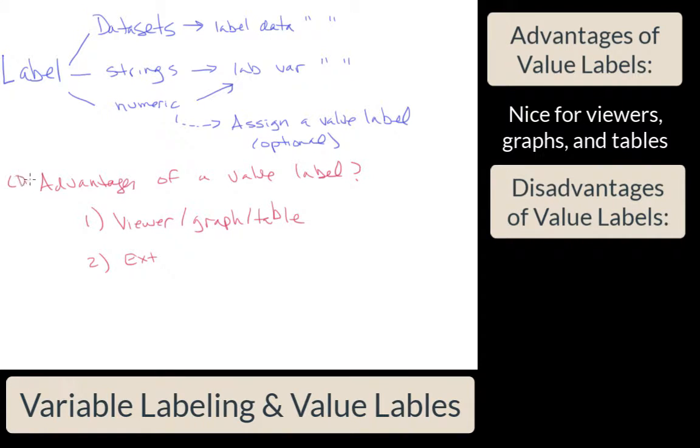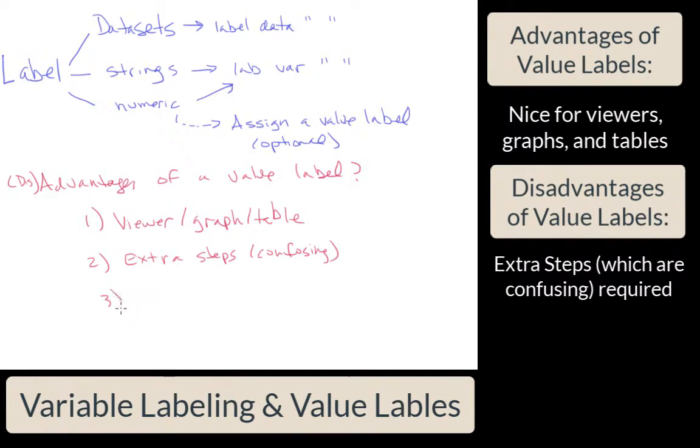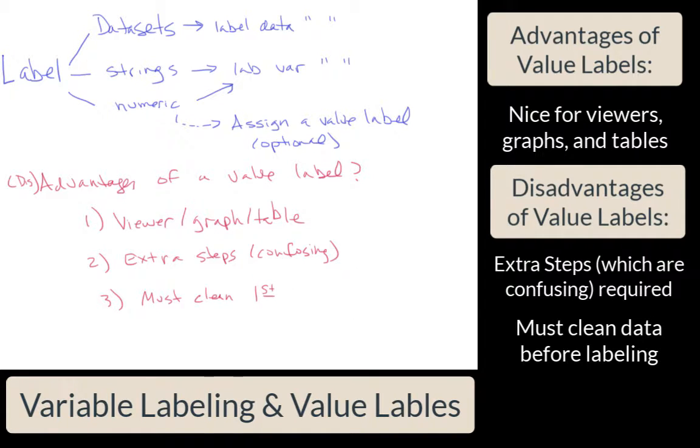Some of these extra steps are a little bit confusing. And then the other disadvantage is that you have to kind of clean the data first before you assign this value label. So how does it work?